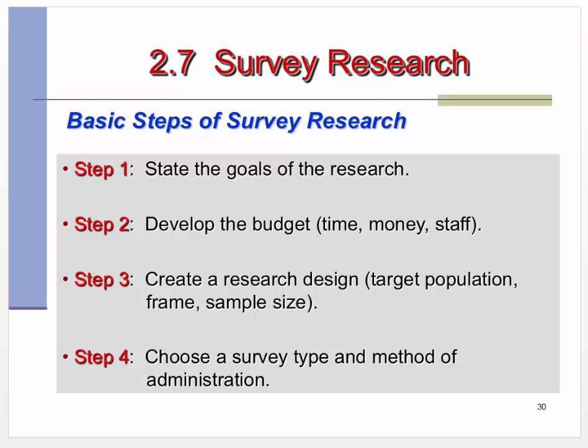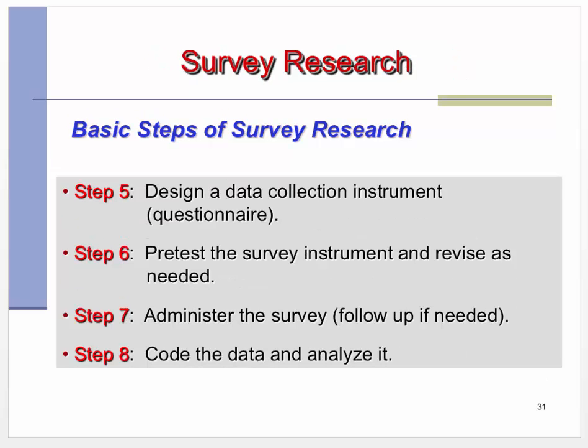Step 4, choose a survey type and method of administration. Step 5, design a data collection instrument, such as a questionnaire. Step 6, pre-test the survey instrument and revise as needed. Step 7, administer the survey and follow up if you need to. And step 8, code the data and analyze it.